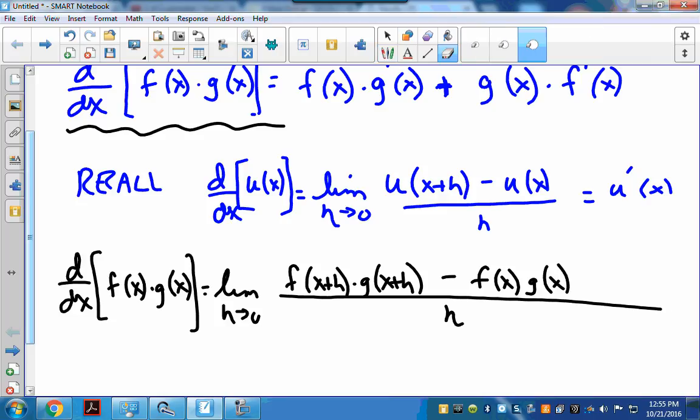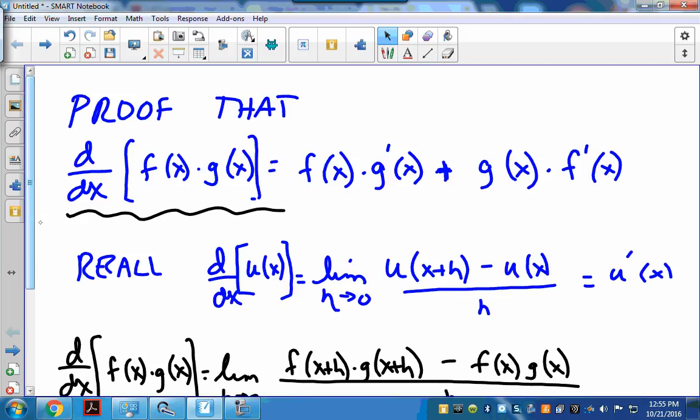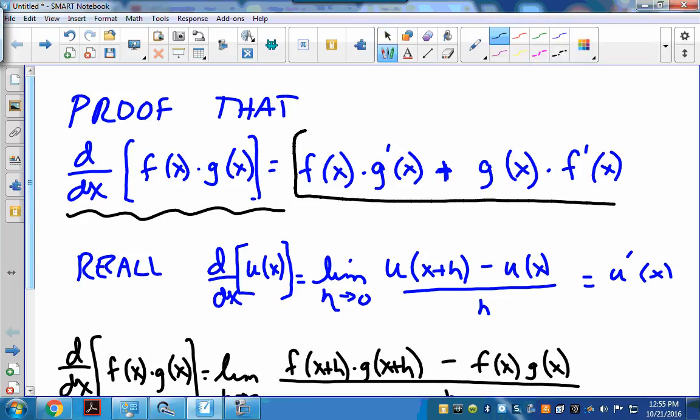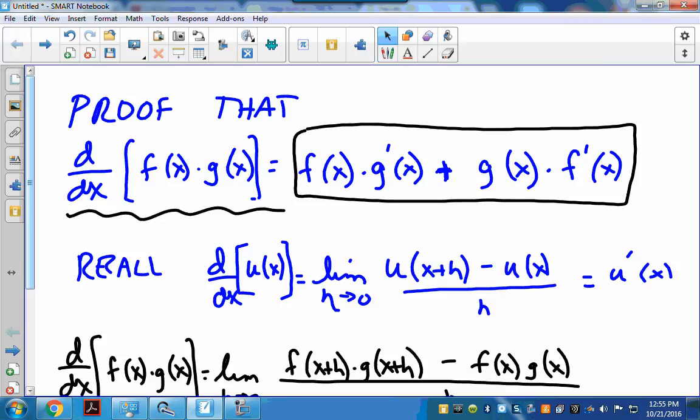Okay, so we need to somehow show that this particular limit reduces down to this expression right here. That's the idea. If we can do that, just using limit theorems, some algebra, and prior definitions, then we will have proved what we want.